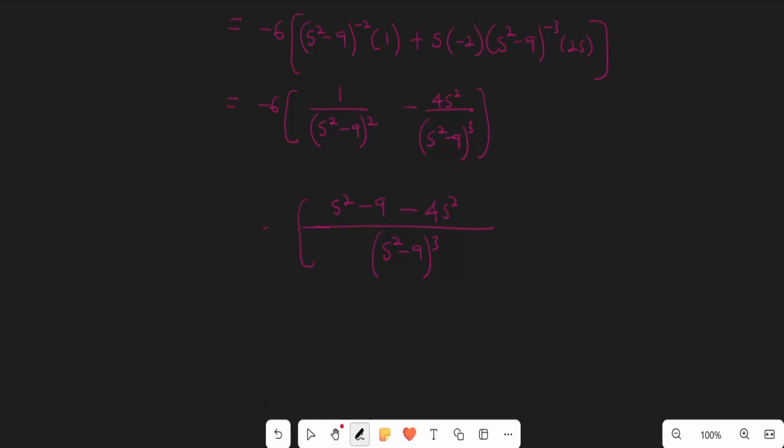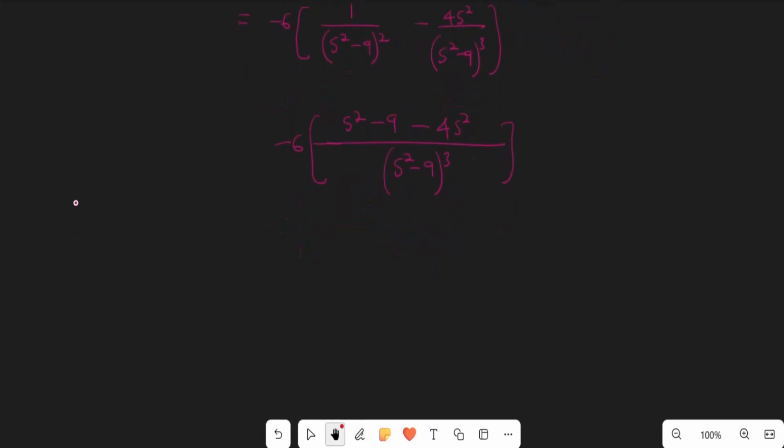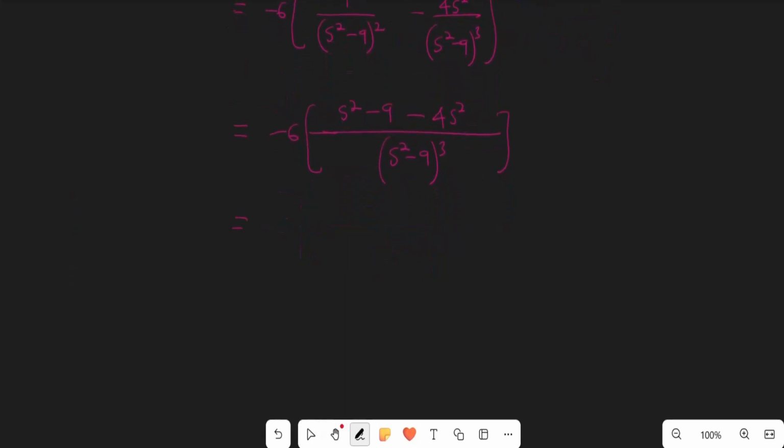And this one is multiplied by negative 6 in front. So we have negative 6, and now I'm simplifying the numerator. That is going to be negative 3s squared minus 9 divided by s squared minus 9, all this one raised to the power of 3. And this is equal to, negative will cancel, so that's 6 multiplied by 3s squared plus 9 divided by s squared minus 9, all this one raised to the power of 3.